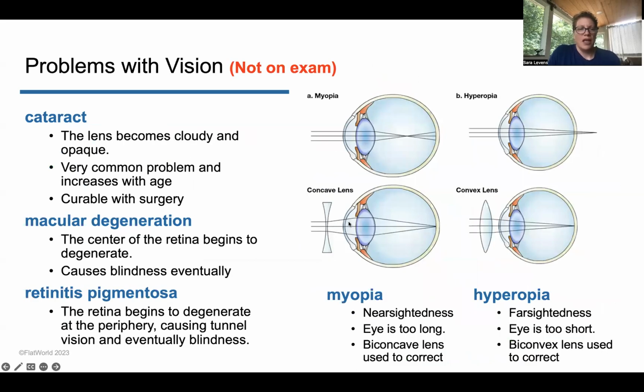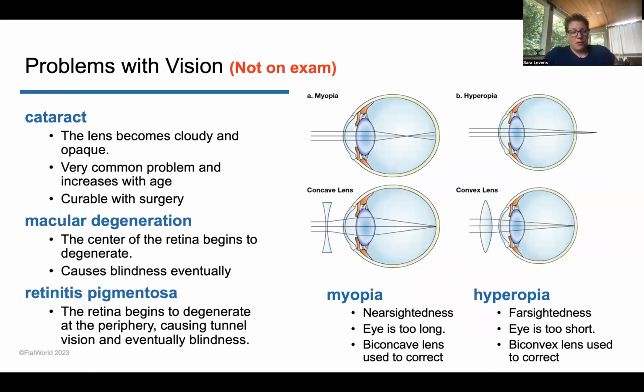All right, so this is not on the exam, but I just wanted to bring it up to point out how it's in the chapter, and a couple of things that might be interesting, depending upon your visual experience, whether you wear glasses, whether you're nearsighted or farsighted.